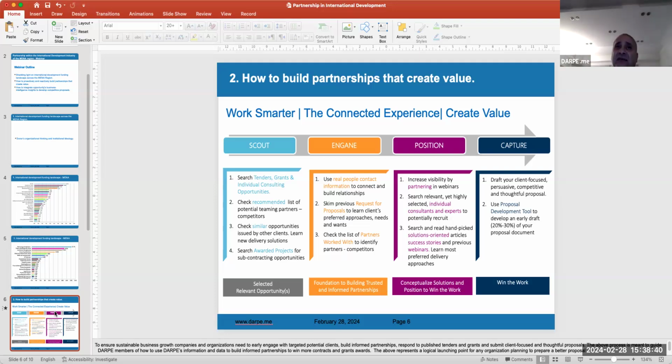Then in DARPE itself, there is a recommendation of who you could partner with or compete with. You start with recommendations of partners and competitors. Then you can see similar opportunities, which could come from different donors and different organizations.